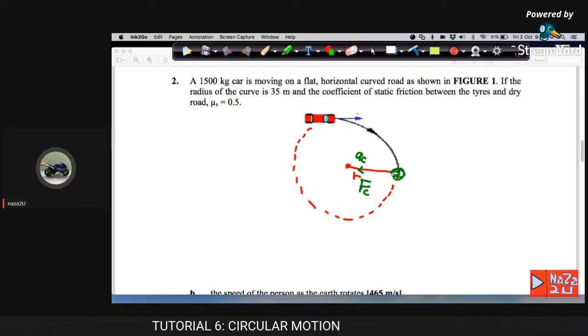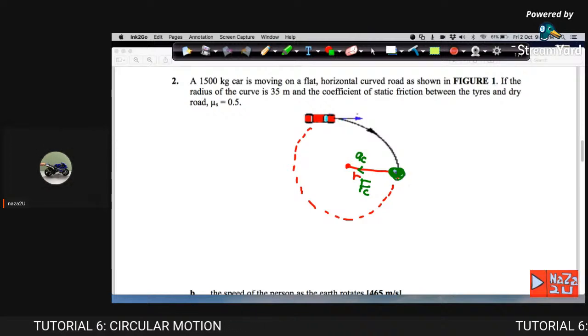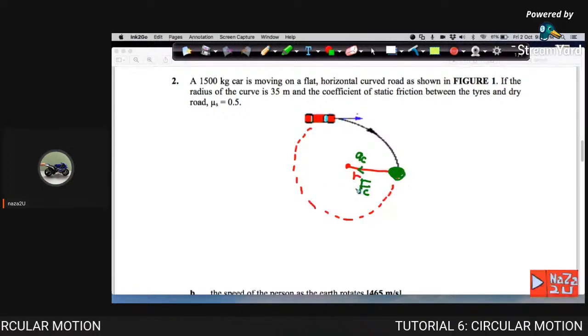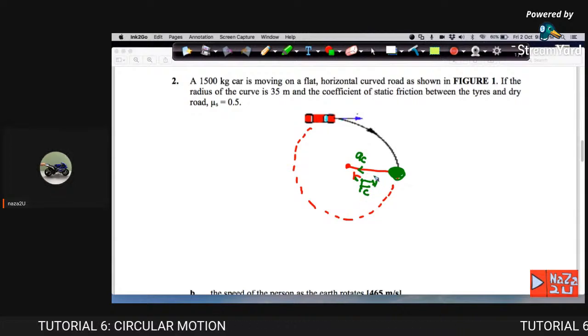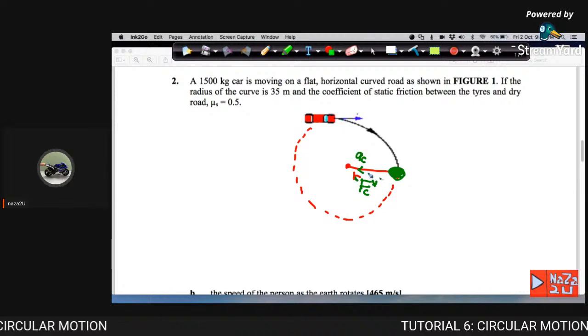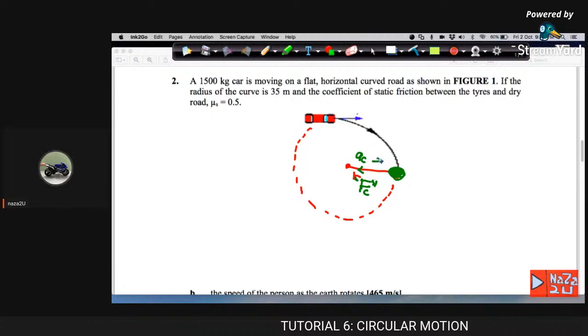But if the car is moving, okay, moving in the circular path, so meaning we have a net force F_c. Dia akan ada daya bersih centripetal ke center, okay, ke pusat, ke dalam. So kalau daya bersih, kereta ini akan bergerak ke dalam.